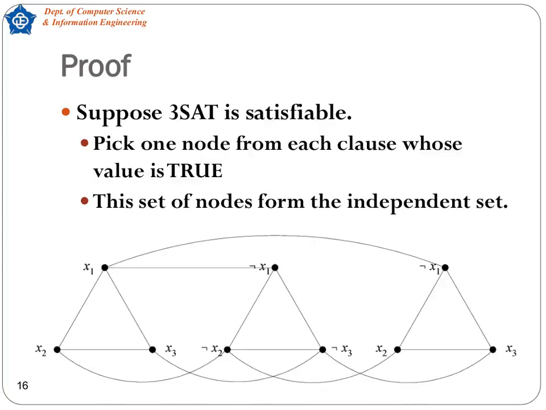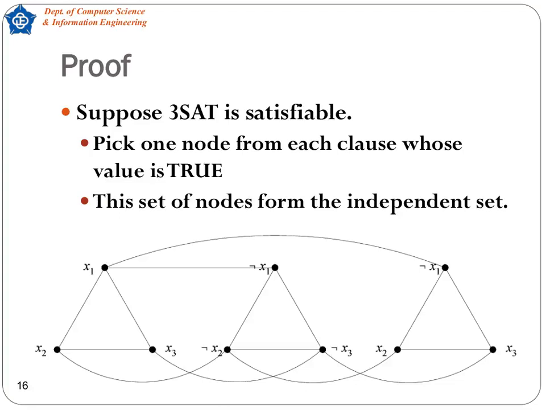Conversely, let's assume our 3SAT formula is satisfiable. That is, in each clause there's at least one true literal. In the graph construction, we turn every clause into a triangle of three nodes labeled with its literals, and we connect opposite literals from different clauses so you can't pick both a variable and its negation.